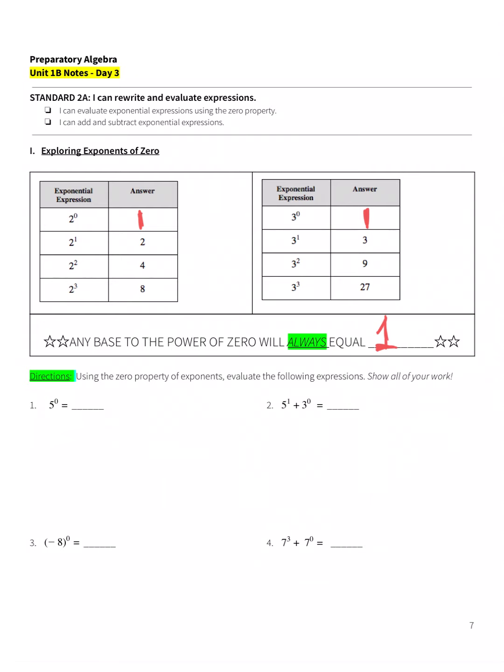Once we figure this out, after that, we are going to practice adding these exponential expressions. And you will be using your calculator to do this. Remember, today in class, we practiced using the graphing calculator. So when you are in class, you will always be using that.